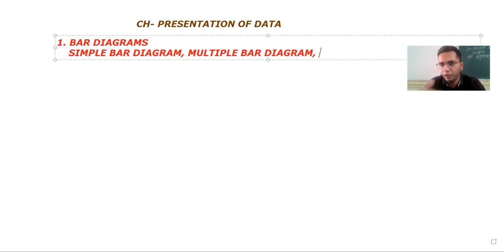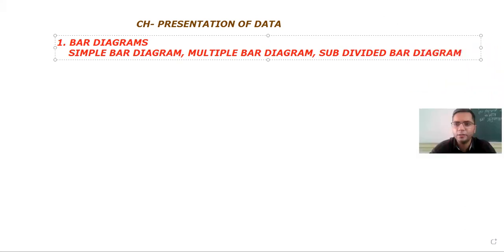Or, even in the field of bar diagrams, I have the subdivided bar diagram, where suppose I have two things to show, for example profits and losses. A company has mainly two aspects, profits and losses, and has to draw these two aspects on a single diagram.